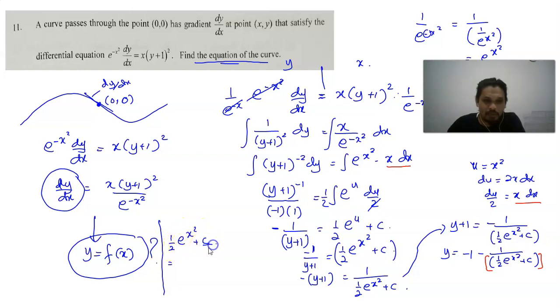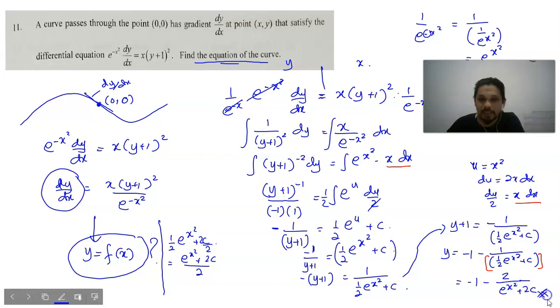So this is over 1. To make it 2 here, then come up with 2. Okay, so then e to the x squared plus 2c divided by 2. So 1 over this comes up with negative 1 minus 2 divided by e to the power of x squared plus 2c. Okay, never mind.